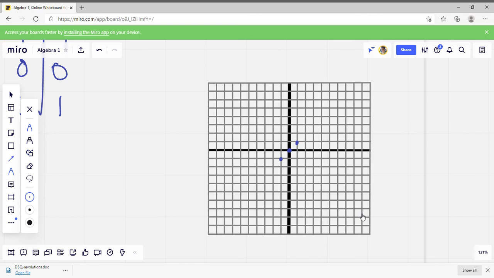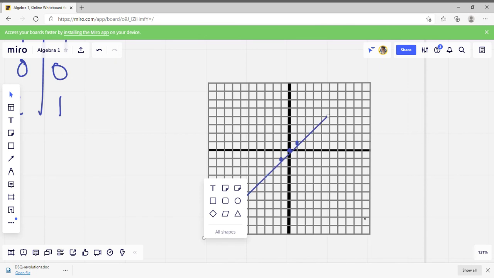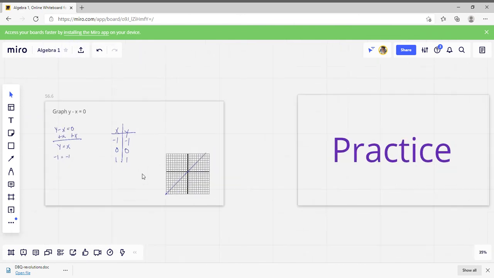You guys get the idea. Alright, so now we're going to run a line through there. There we go. So there's the graph of that line. All right, easy peasy.